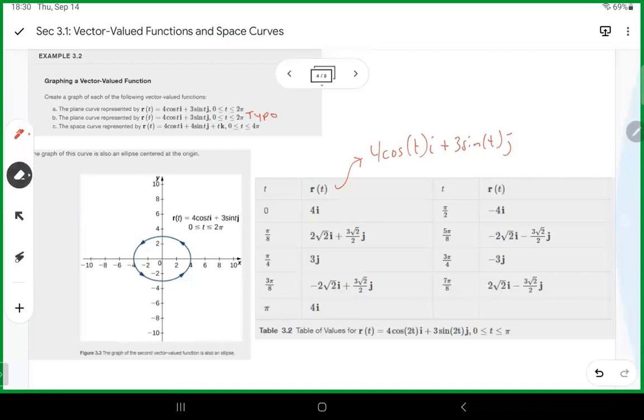Well, that makes me feel much better. Okay, so it's 4 cosine 2t i plus 3 sine 2t j. Excellent. Nice catch.